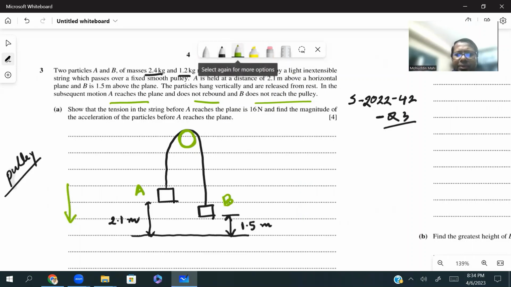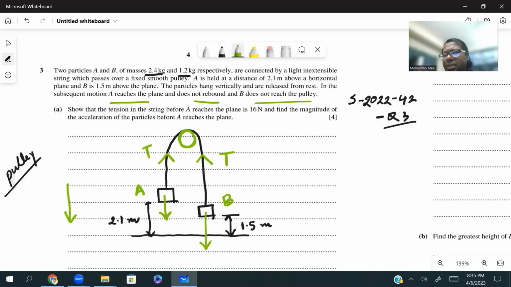Let's consider object B. The weight of the object B is acting in the downward direction, and there will be a tension in the string, which should act in the upward direction. So let's call it T. In case of A, weight will act in the downward direction, and tension is going to act in the upward direction.